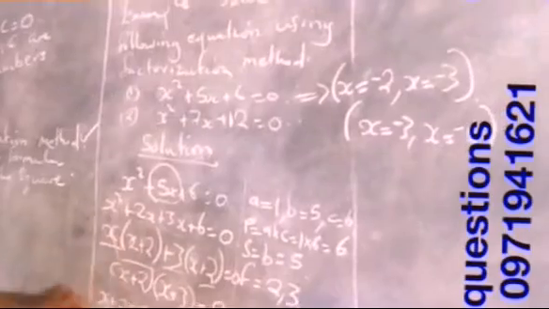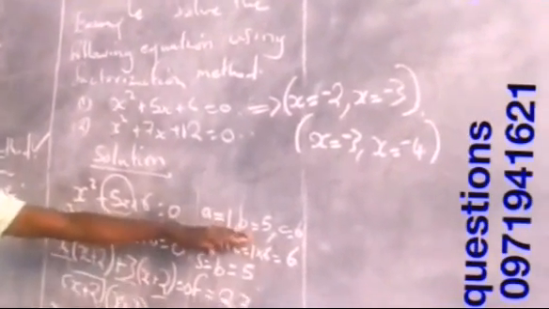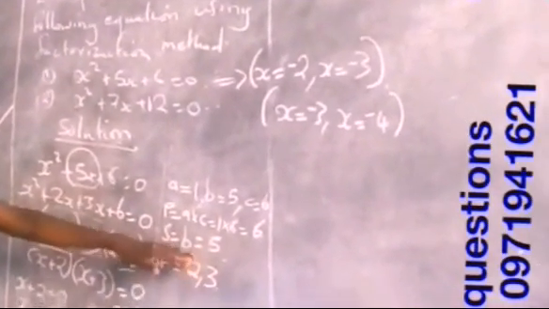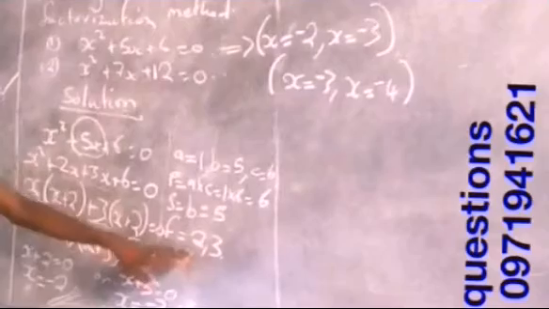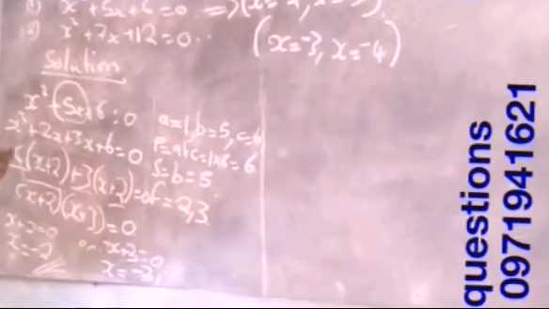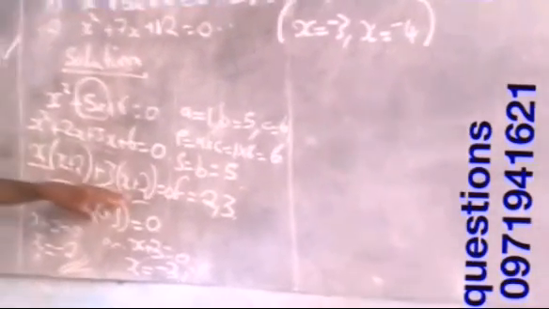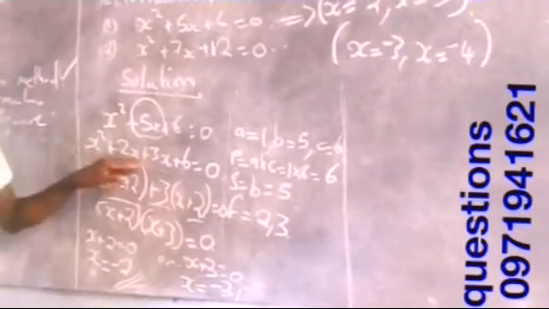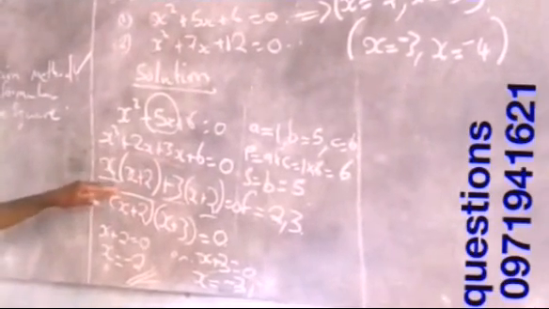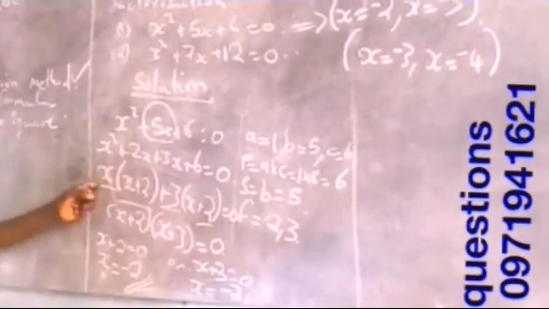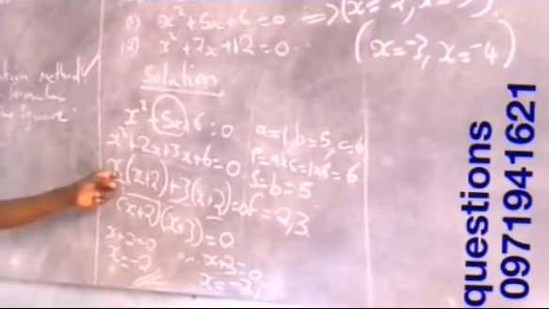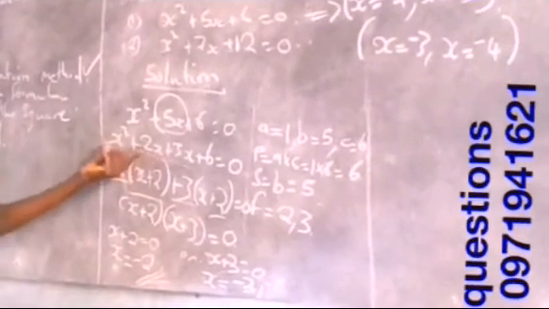Please make sure that you follow the steps. You factorize it, you find the factors by the use of the factorization method. Then you substitute your factors where there is b to produce this step. At this step, you find the common factors of the first two terms.